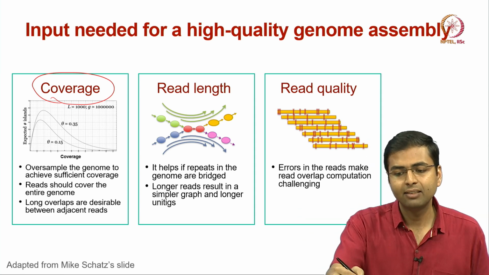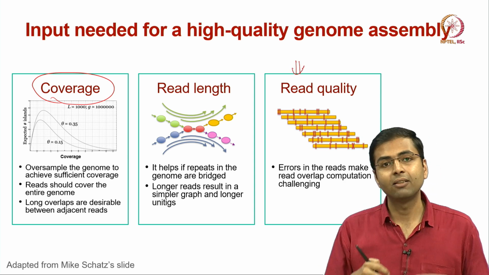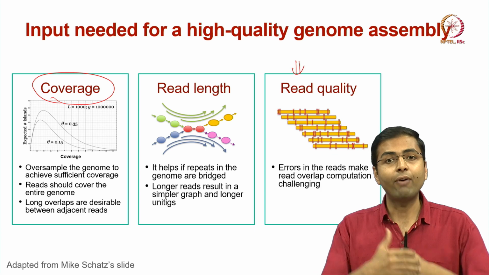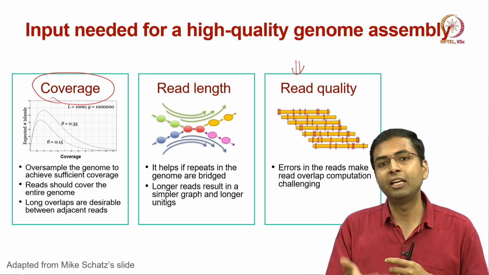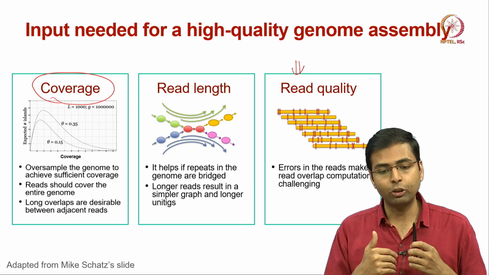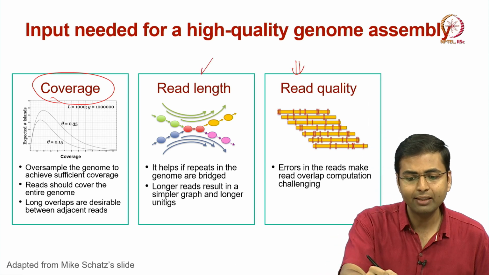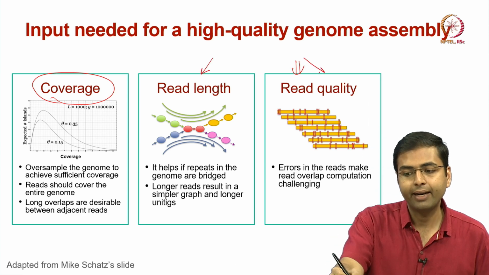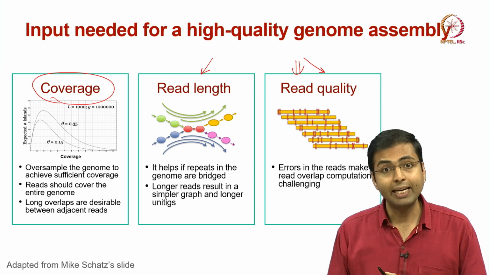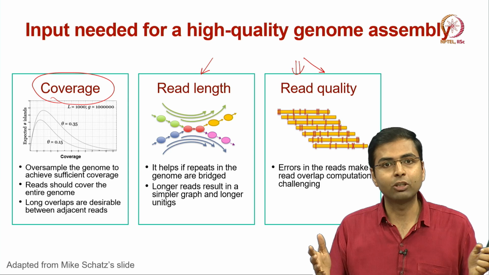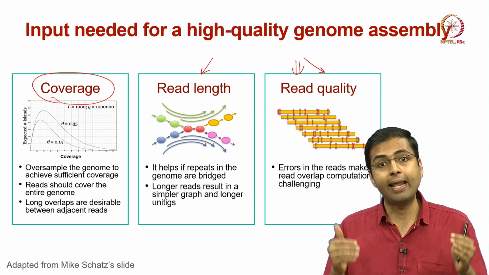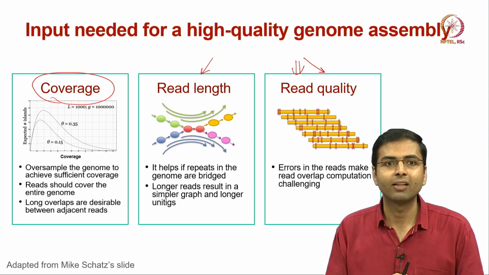The third point is read quality: if you have significant errors in your reads, then finding suffix prefix overlaps can become challenging. So, both length as well as error rate in these reads play an important role. Ideally you would want reads as long and as accurate as possible, that is, error rate should be as low as possible.